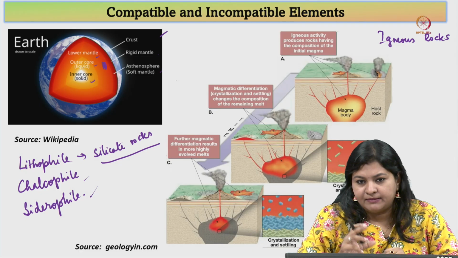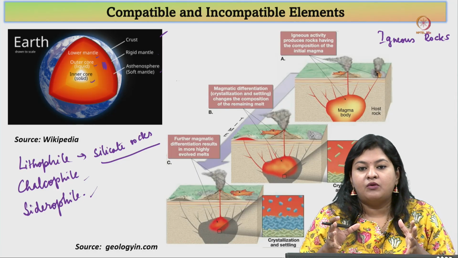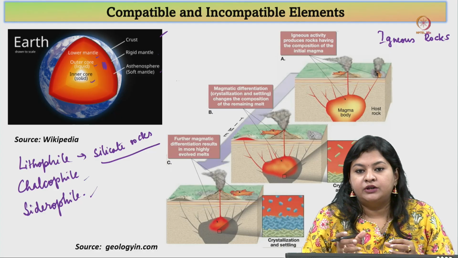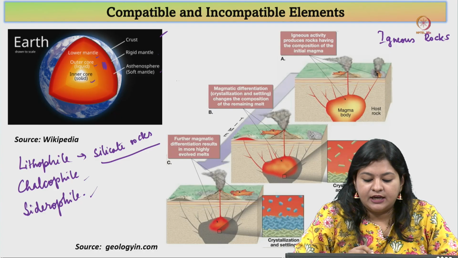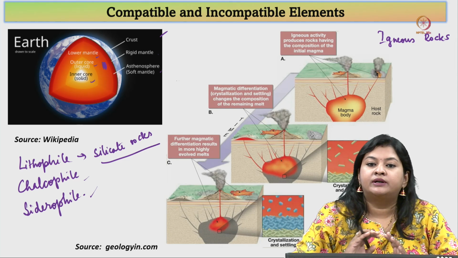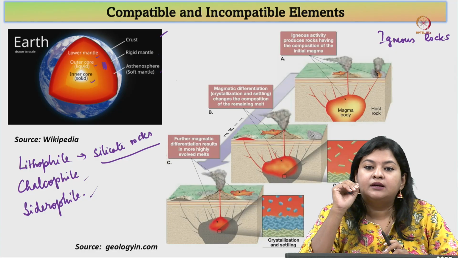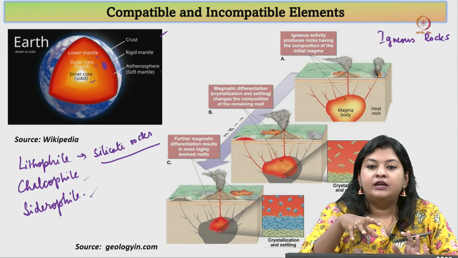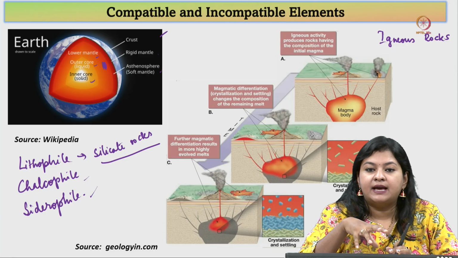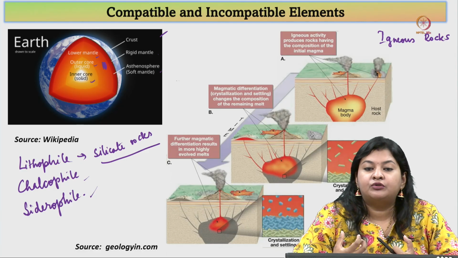Now, what happens when the mantle melts? Some pockets of that magma move into the earth's lower crust, and then it looks for weak joints, weak spots through which it can erupt and release the pressure, because it is under a lot of pressure.